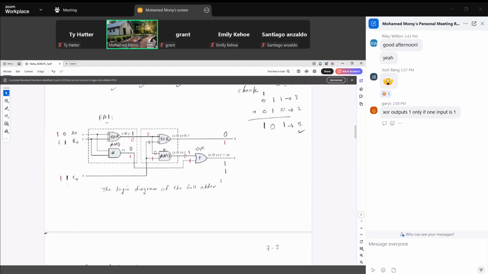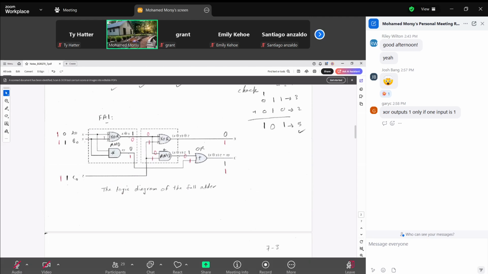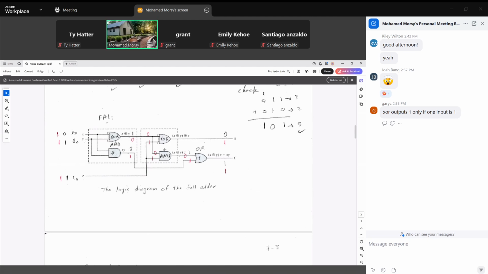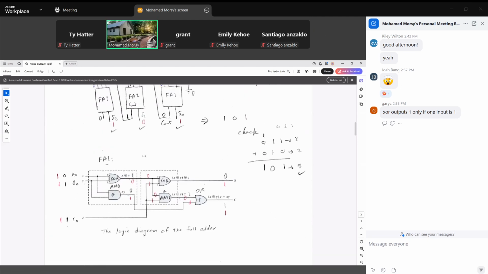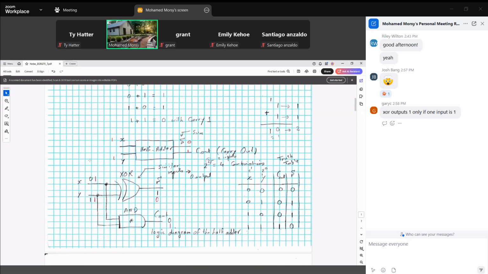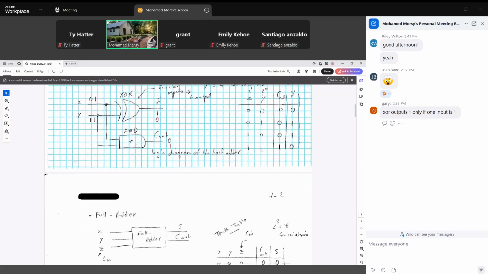So if we look at the logic diagram for the full adder, it is mainly a connection of two half adders, as we see. We mentioned the half adder's logic diagram is a connection of an exclusive OR and an AND gate.